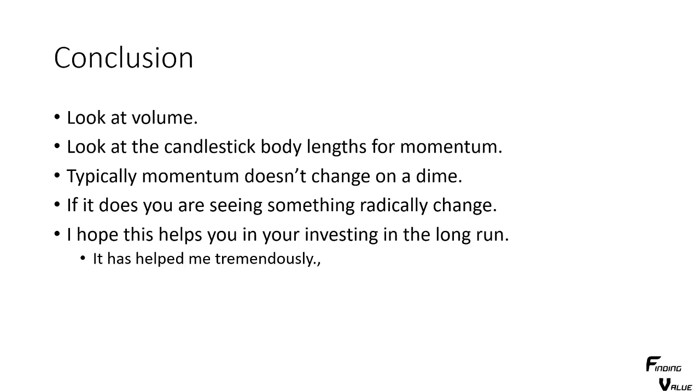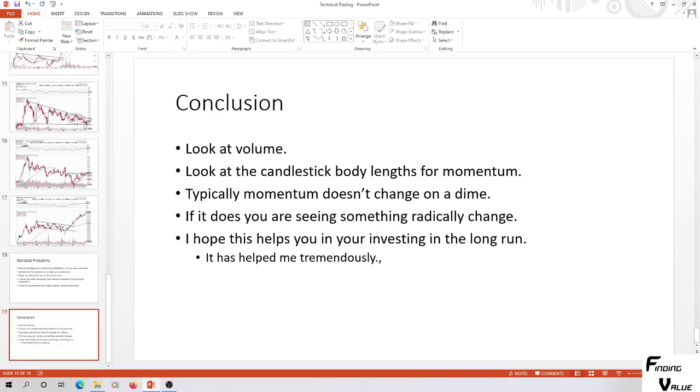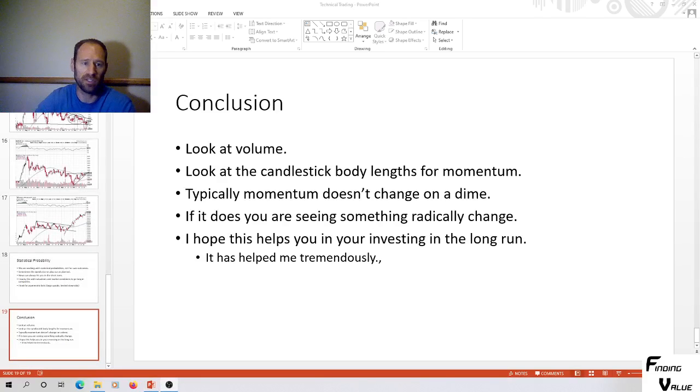And honestly, I hope this helps all of you in your investing in the long run. Technical analysis has helped me tremendously become a much better investor than before. I mean, far better. What I do is I look at fundamental analysis, and then I use my technical analysis to show me the data that is needed to say my fundamental analysis is correct.